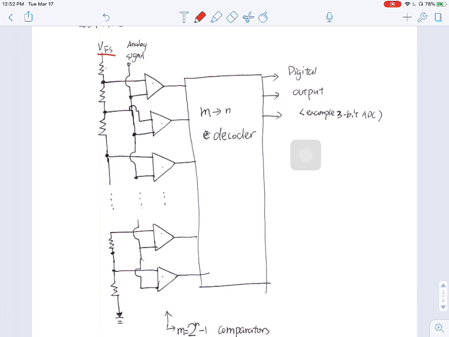Hopefully you see what it's doing here. It's using comparators to compare just one analog signal with all the possible reference voltage signals, and to see which one it matches with the current analog signal.